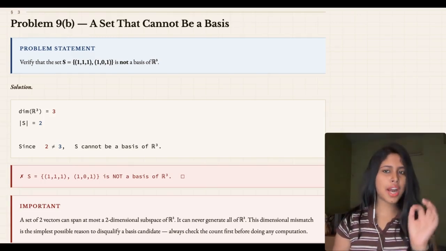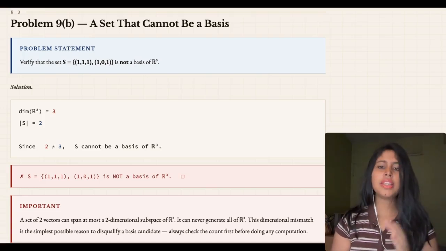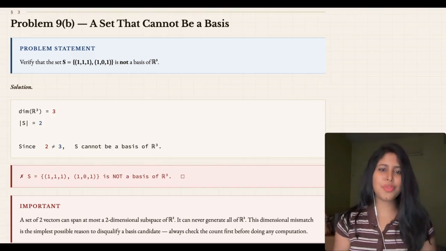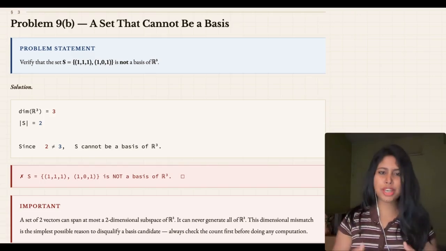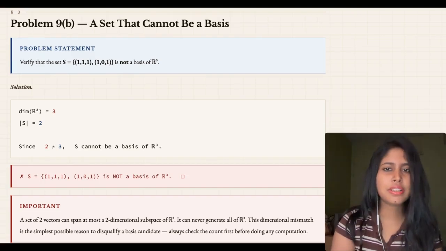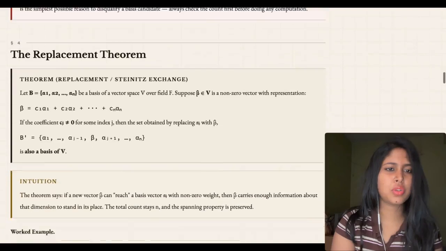Because R3 has a dimension of 3, but we only have two vectors here. The number of elements in the set must equal the dimension of the vector space. Since 2 is not equal to 3, we already can understand that this set cannot be a basis of R3. It is as simple as that, right? See here, I have written only that.